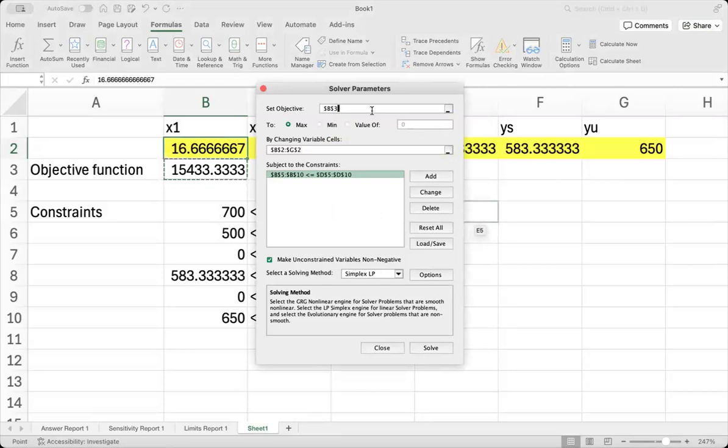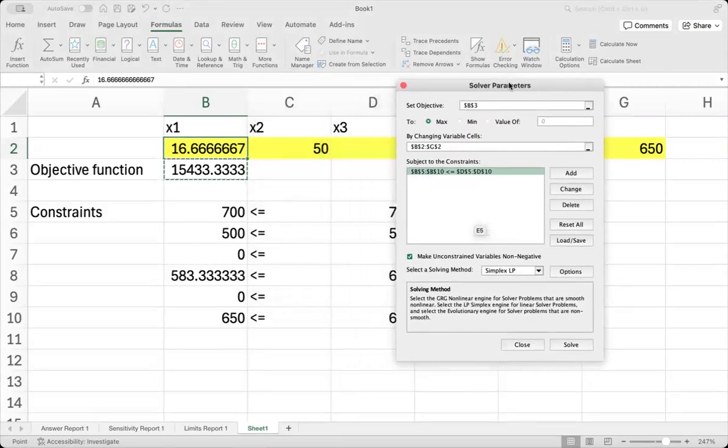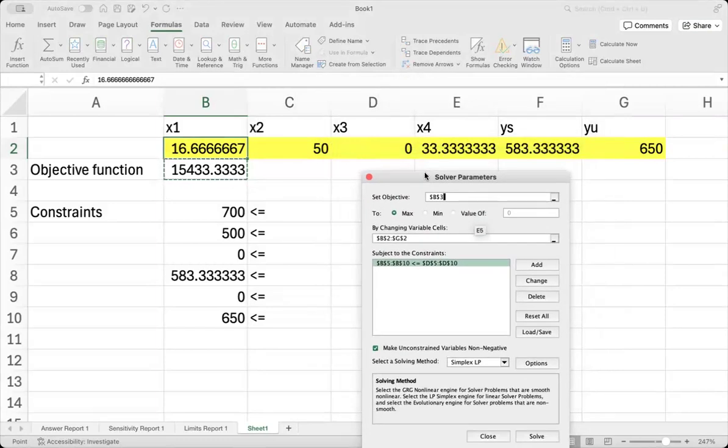Your objective is B3, so it's the B3 cell. Then, by changing variables, it's B2 to G2, right?